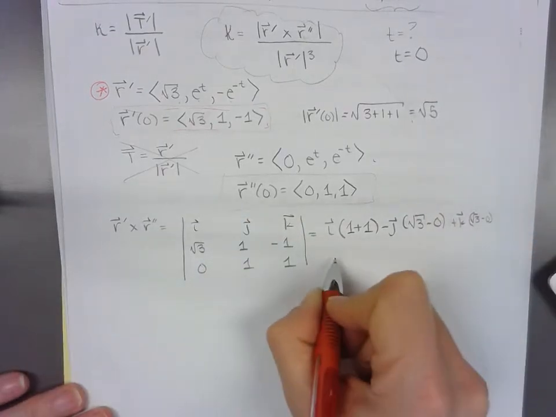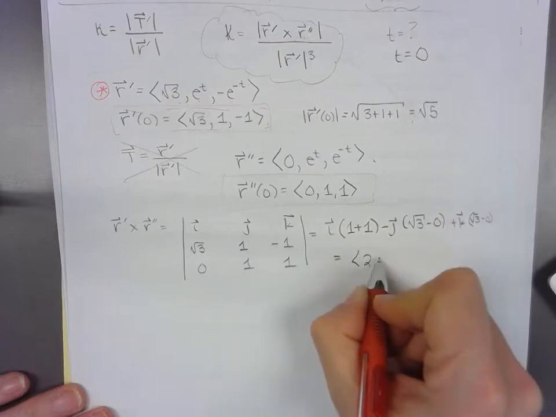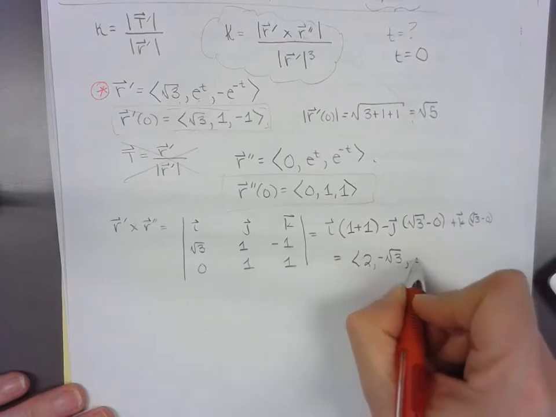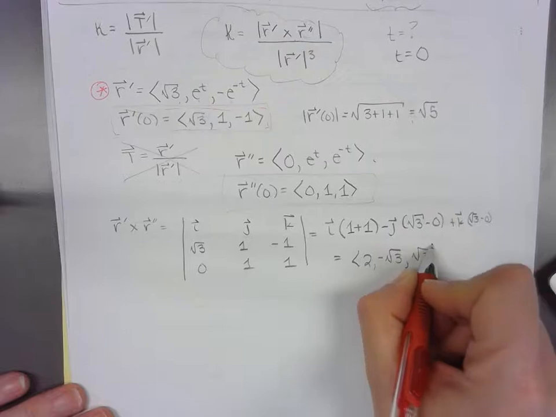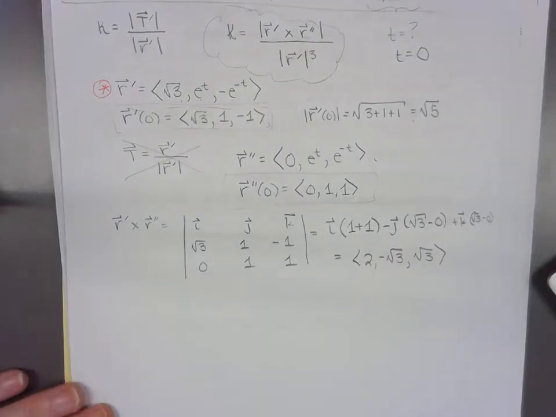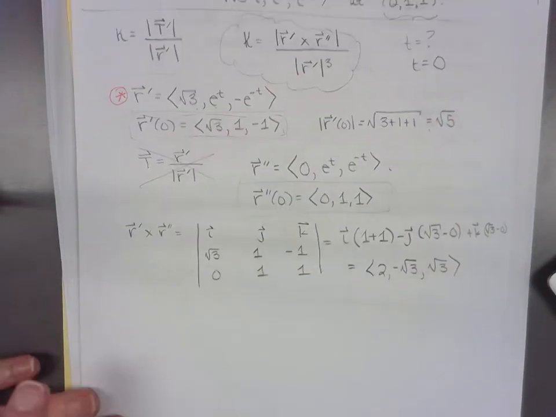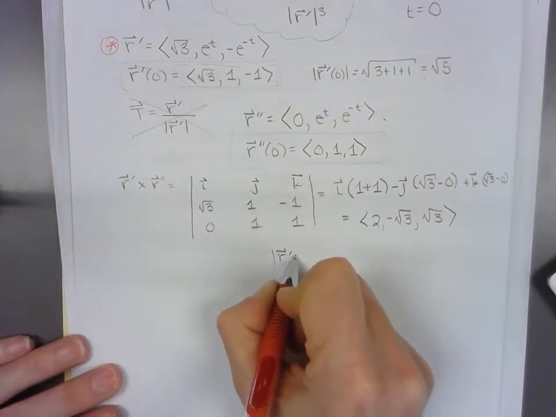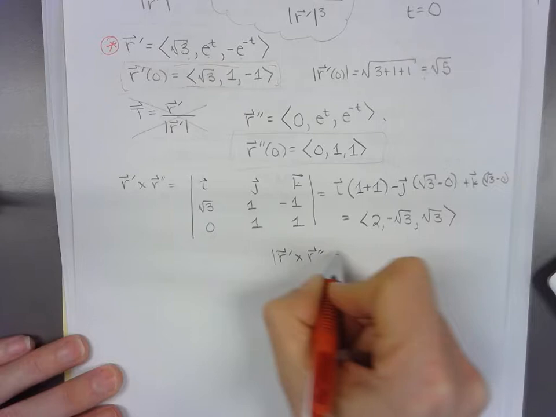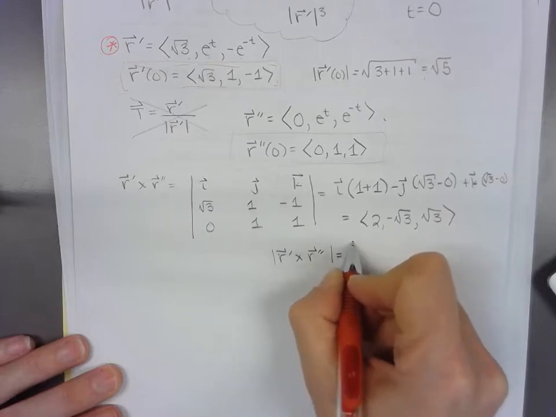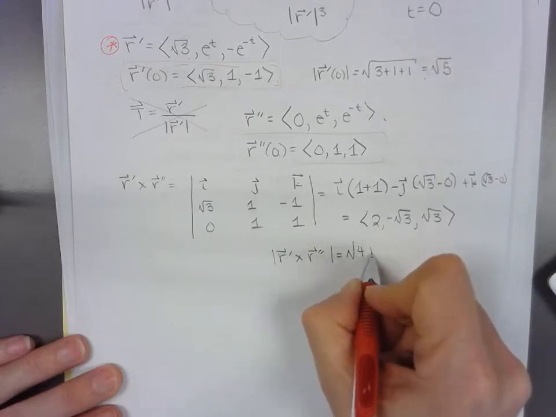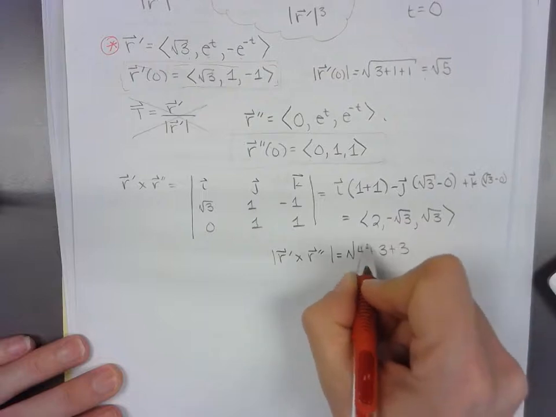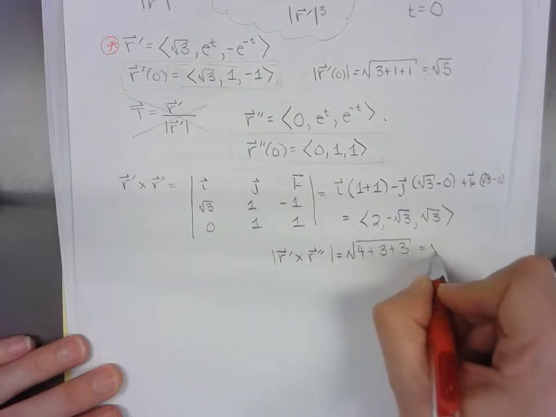So we get 2, negative root 3, root 3. And now for curvature, I need to find the magnitude of that. So I get the square root of 4 plus 3 plus 3. So square root of 10.